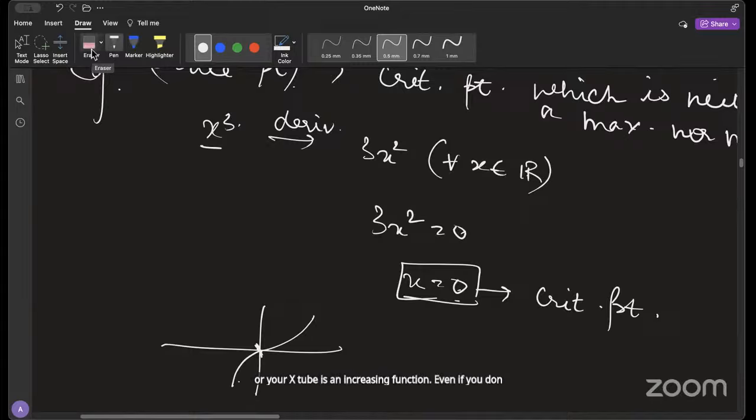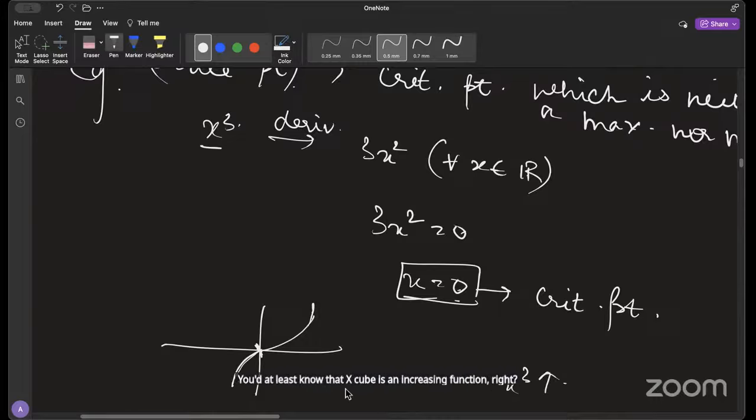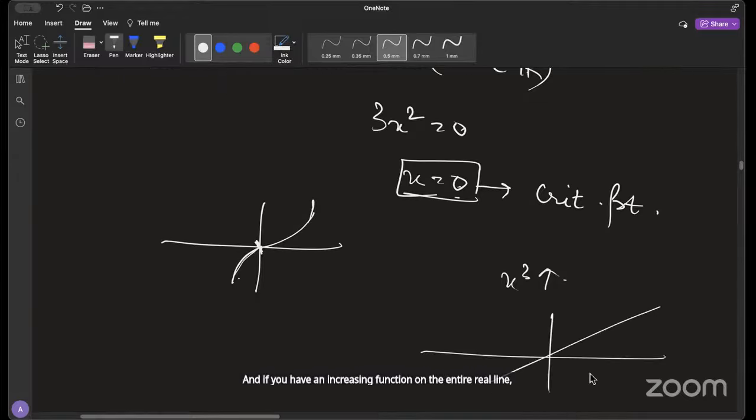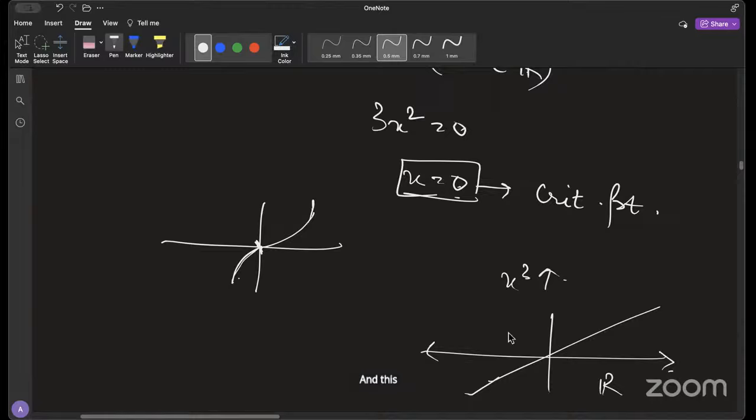Even if you don't know how your function looks, you should know that the graph of x cube looks like this. You would at least know that x cube is an increasing function, right? And if you have an increasing function on the entire real line, can it have a local maxima or local minima? The domain is the entire real line. Let's say this is an increasing function. Can it have a local maxima or local minima?